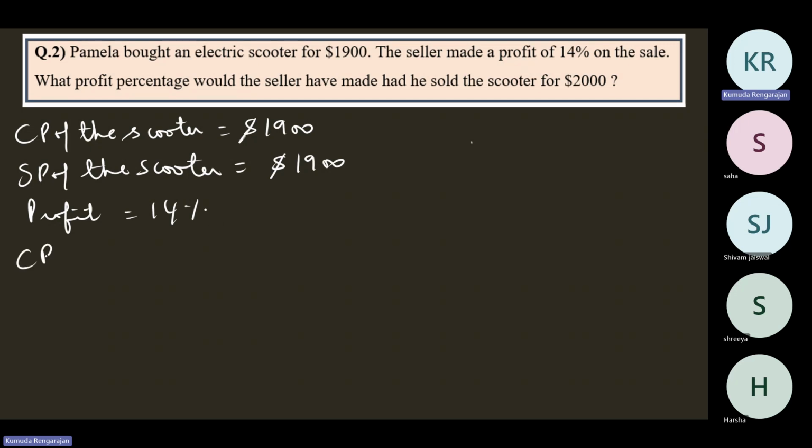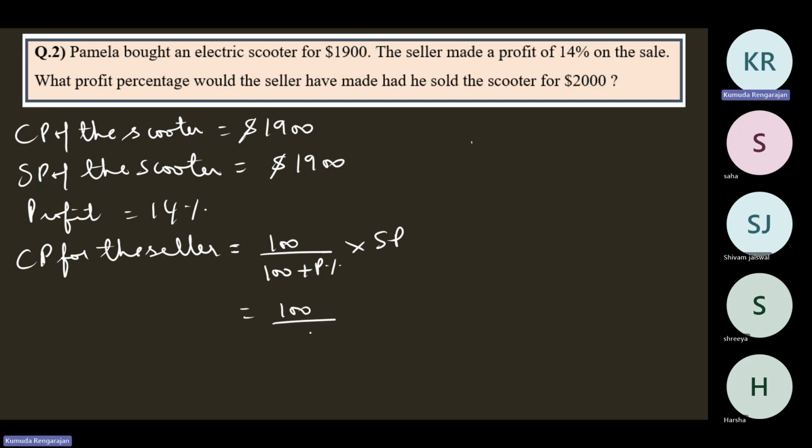So the cost price for the seller will be 100 by 100 plus profit percentage into SP. So 100 by 100 plus 14 into 1,900.